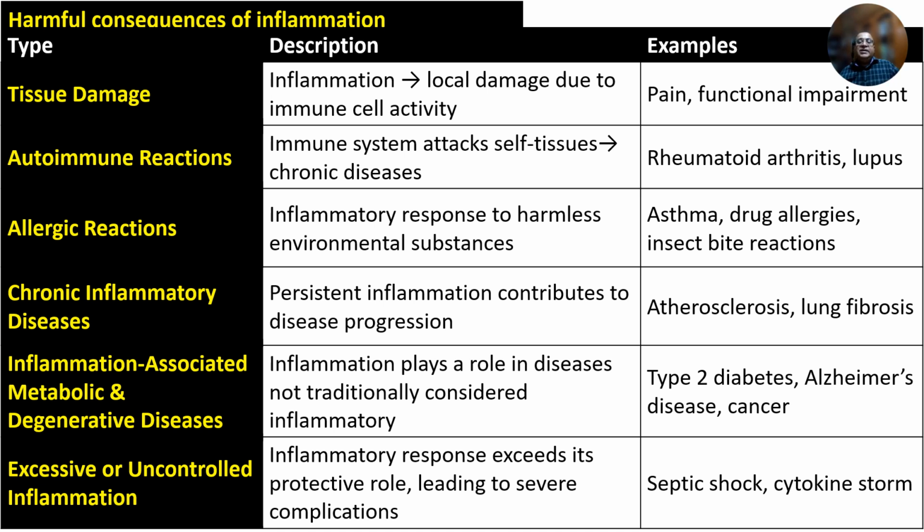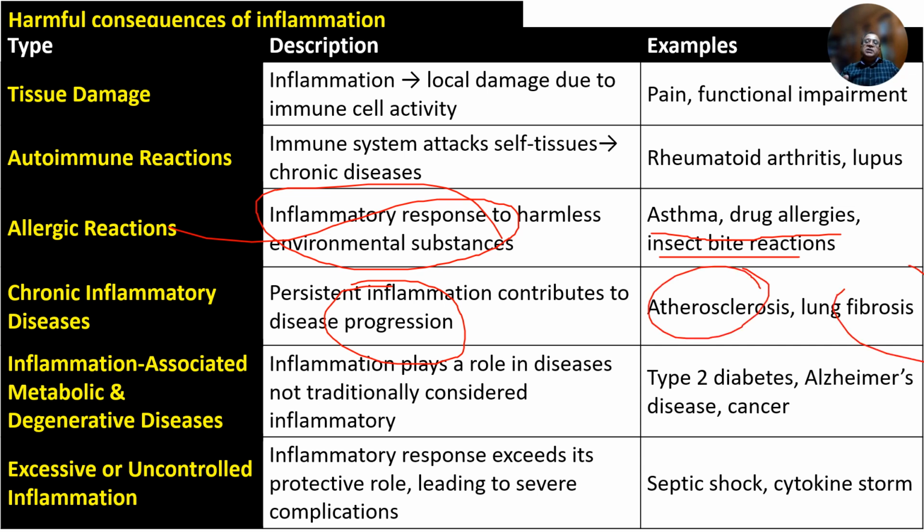Then in allergic reactions, the inflammatory response occurs to harmless environmental substances, as occurs in asthma, drug allergies, and insect bite reaction. Then in chronic inflammatory diseases, persistent inflammation contributes to disease progression, such as in atherosclerosis and lung fibrosis.